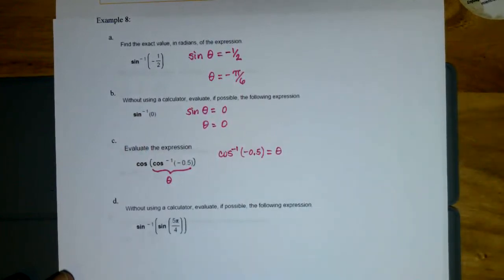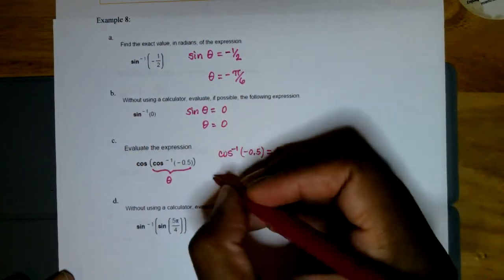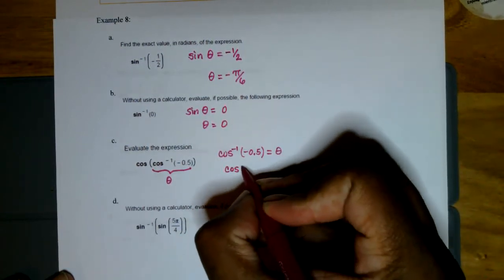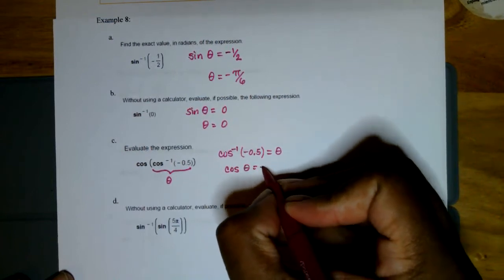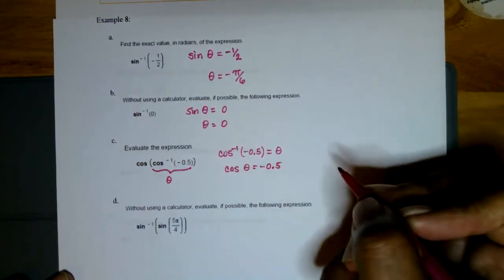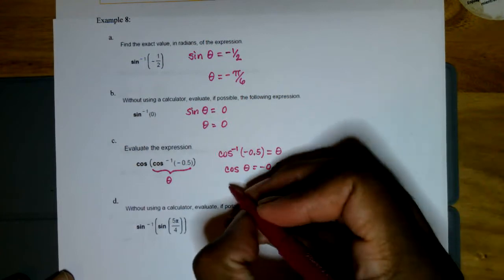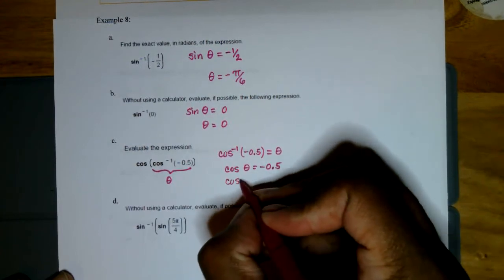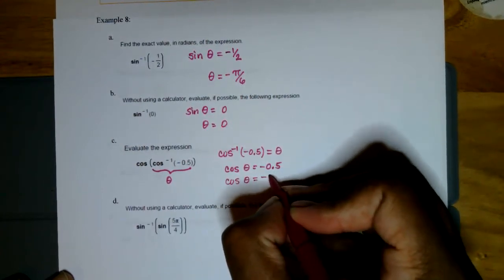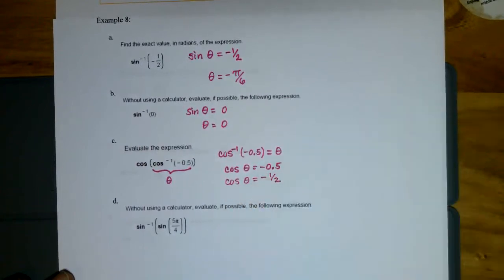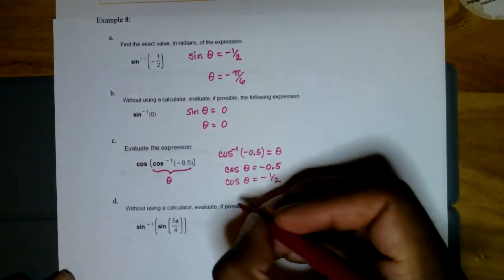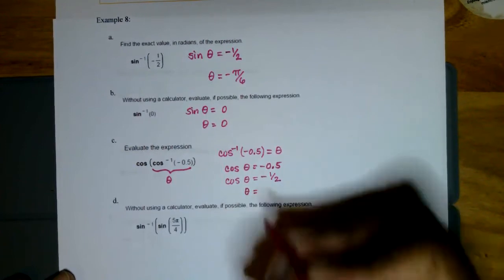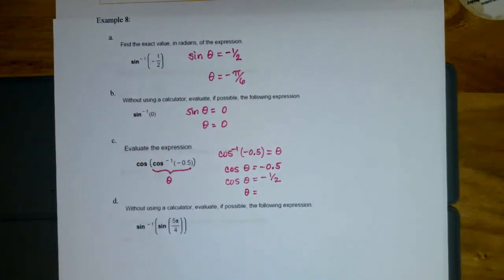Now, what that really means here is this. I need to find the angle theta such that cosine of theta is equal to negative 0.5. Now, of course, negative 0.5, if I was to write that as a fraction, that would be negative 1/2. So I need the angle theta where cosine of theta gives me negative 1/2.